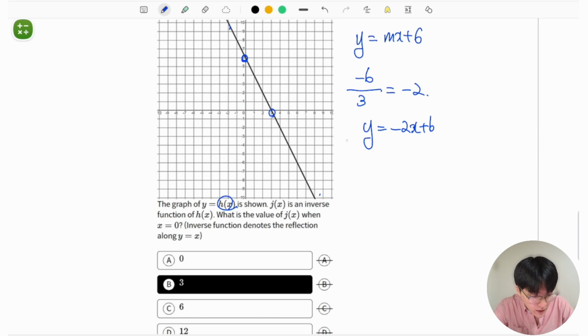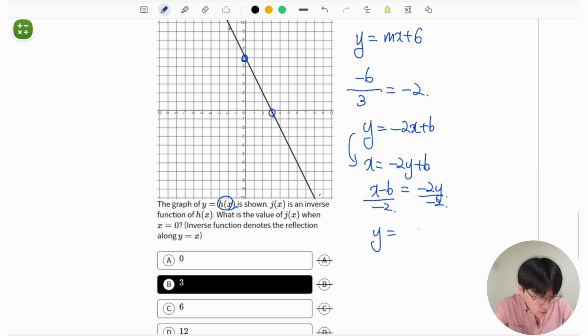Well, if we inverse this, then we get x is equal to minus 2y plus 6. And if we reorganize the formula, we get x minus 6 is equal to minus 2y. And divide both sides by minus 2, and then we get y is equal to minus (x minus 6) divided by 2.